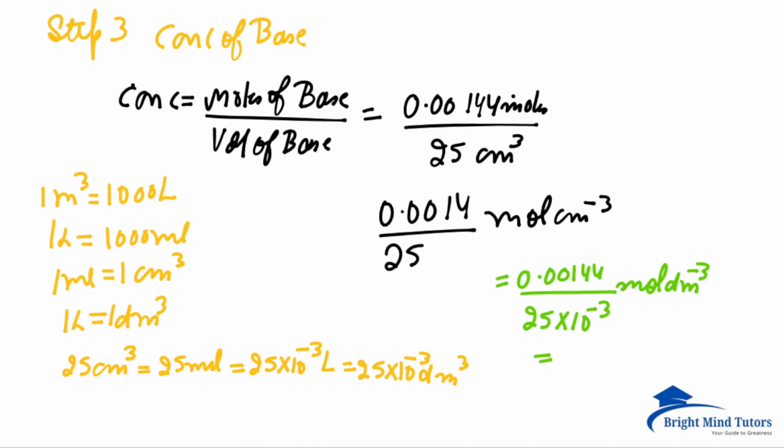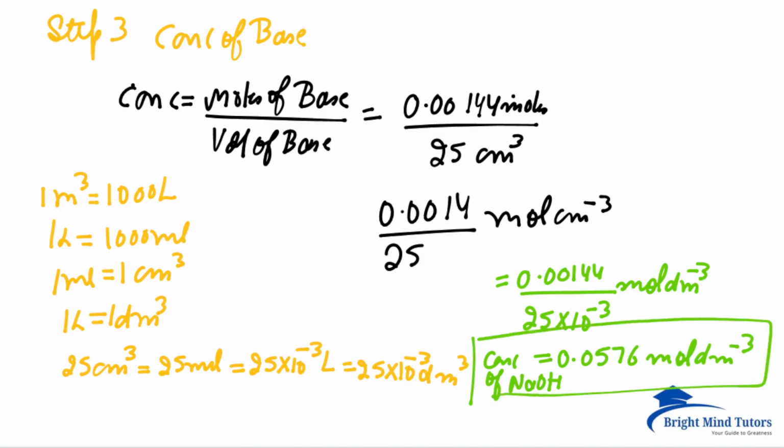The answer you will be getting is 0.0576. The units will be mole per decimeter cube. So this is going to be the final concentration of the base, which is your NaOH. If you solve this, it will give you another mark, and you will be getting your complete marks till here.